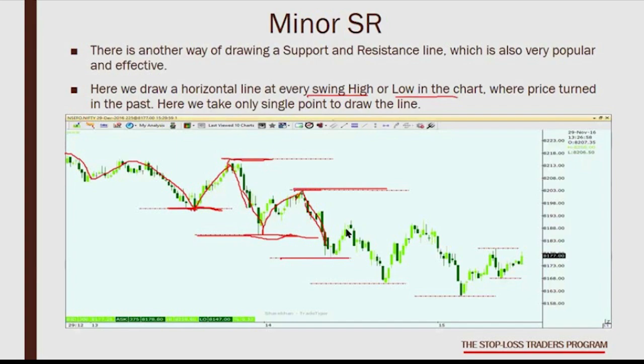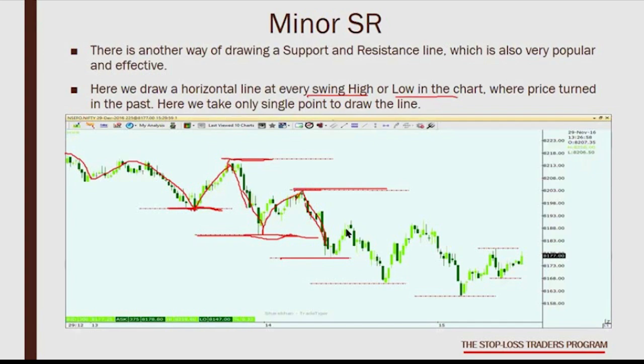So as I said, there is something called a major support or a major resistance in price, right? We will take two or more swing highs or lows which occurred at the same place in the chart, and we will connect them with a horizontal line.